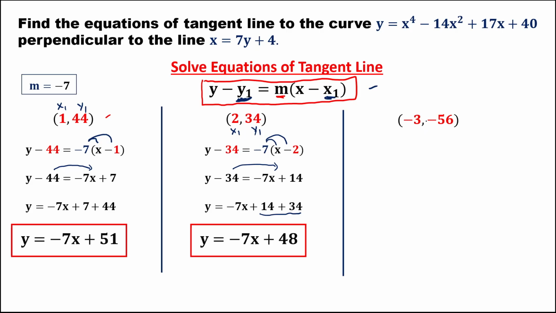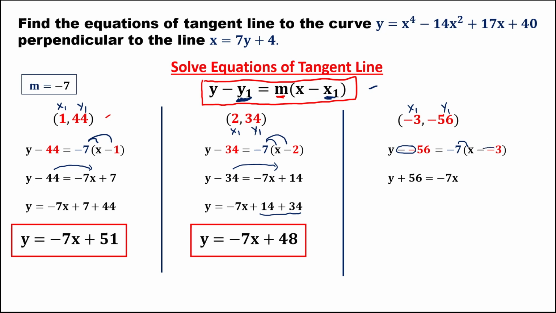Then from the third coordinate, this is x sub 1 and y sub 1. So we have y minus negative 56 equals the slope negative 7, times x minus x sub 1, which is negative 3. This double negative becomes positive, equals negative 7x.